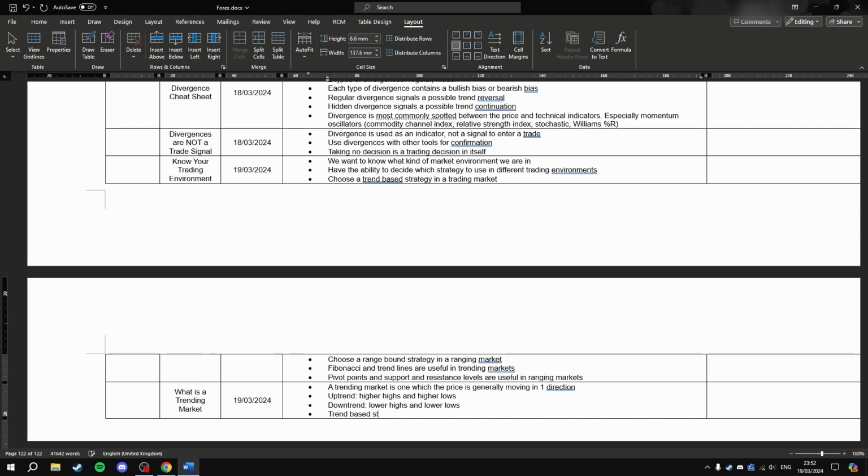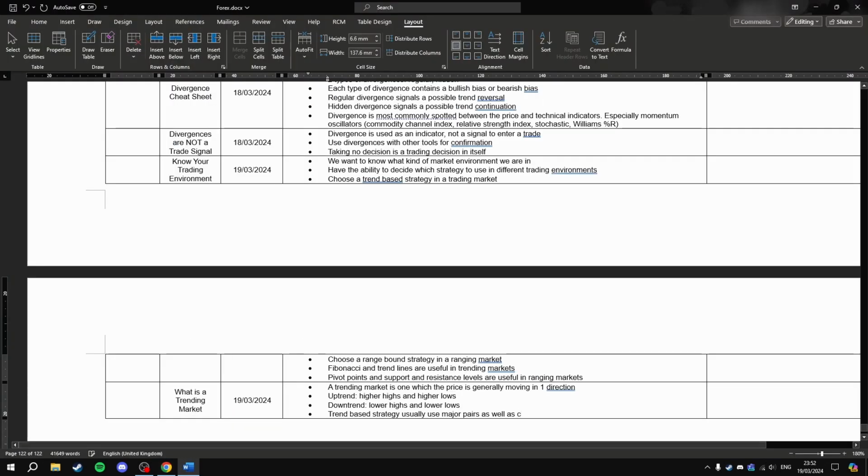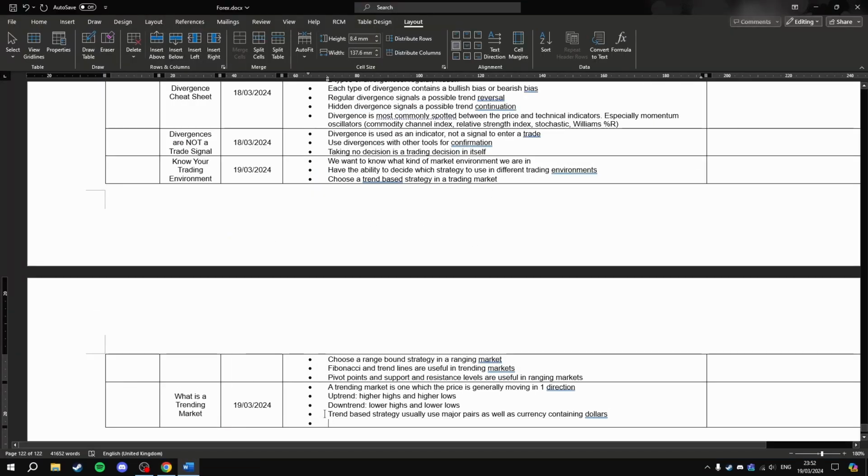Trend-based strategy usually uses major pairs as well as currency pairs containing dollars.